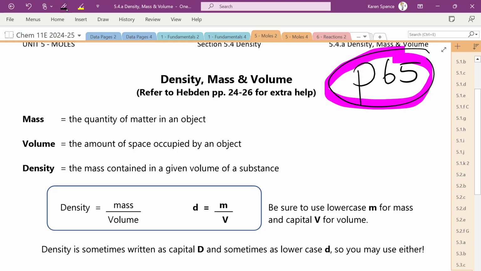All right, so we have mass. Do you guys all know the definition of mass?